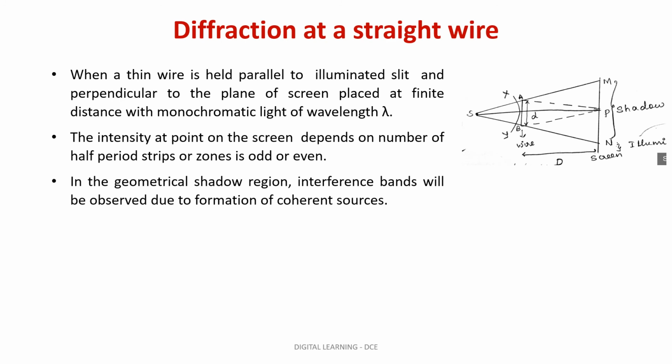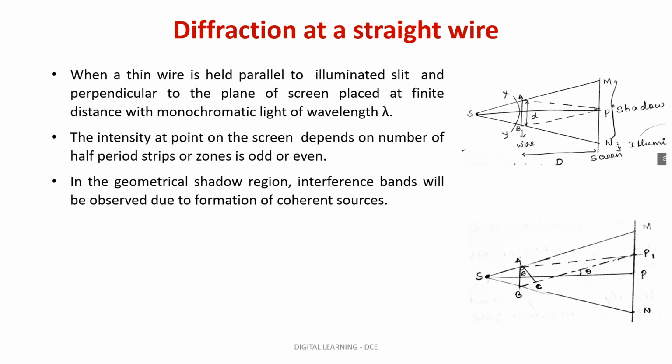Next, let us see another picture. Let us consider the point P1 in this figure. In this case, the difference between AP1 and BP1 gives a path difference. This results in the formation of dark and bright bands between M and N. The fringe width observed is beta, which is equal to lambda D by d.